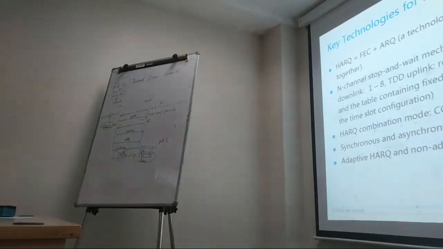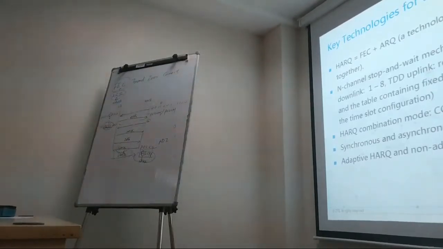For the adaptive and non-adaptive, it's not decided by the UE. It's decided by the eNodeB side. If the eNodeB thinks, okay, you should change the MCS, I will send it. Then maybe the eNodeB thinks, okay, you don't need to change it, so I don't allocate new scheduling information for you. Okay, you use non-adaptive.